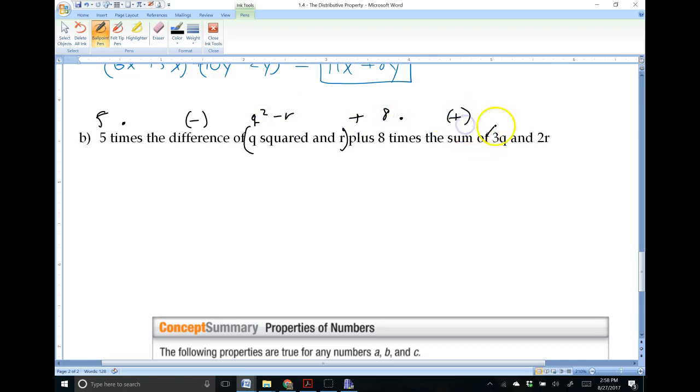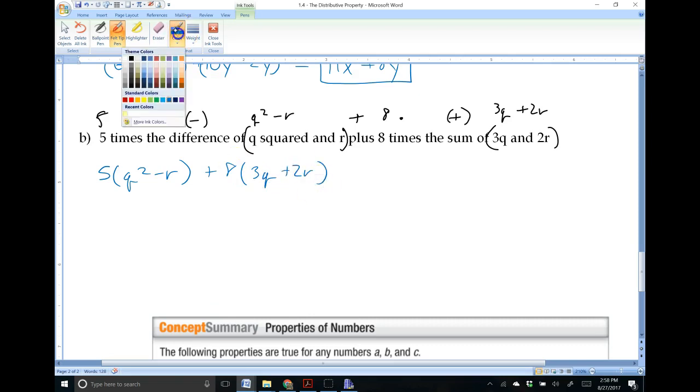The sum of what? The sum of these two guys, 3Q plus 2R. So when we write this equation out, this should say 5 times Q squared minus R plus 8 times the sum of 3Q plus 2R. Okay? And I'm going to do some of this work out here for you guys because I don't want you guys to be too lost here.